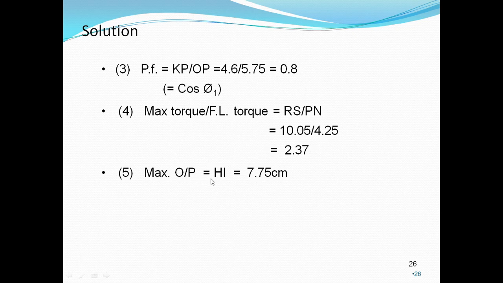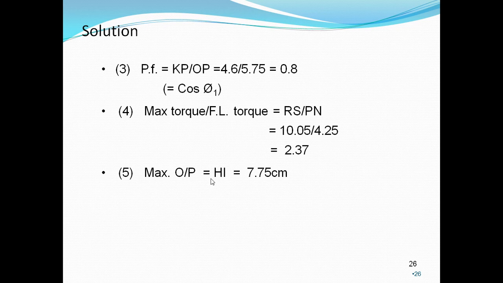Next, maximum output is equal to HI. So that is 7.75 centimeters. Here you have to get output in watts, but we got it in centimeters. Now we have to multiply with which scale, current scale or power scale?